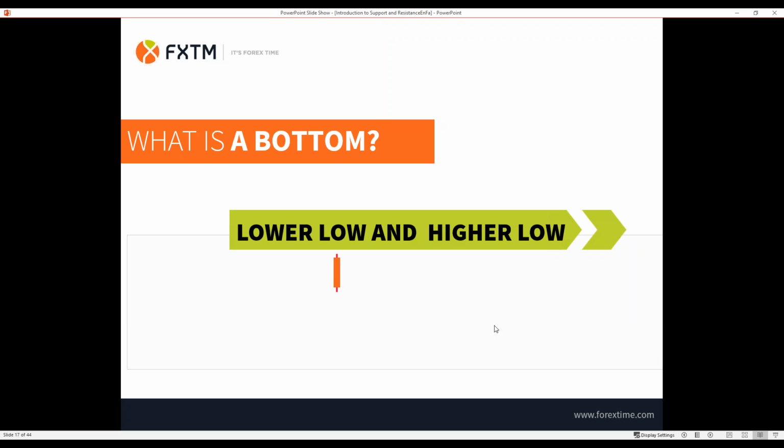And the next one is lower low and higher low. Here we need 3 candlesticks, and the middle one is lower than the one to the left and lower than the one to the right. Easy one. But now you see that we made it a little bit more complex because we included 3 candlesticks instead of 2.